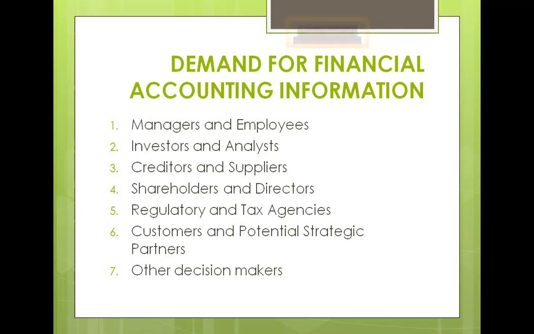Why would the creditors extend loans to the corporations if they don't have the capacity to repay its loans? So, of course, the creditors, for example, the banks and the lenders, need to see the financial accounting information of the company.